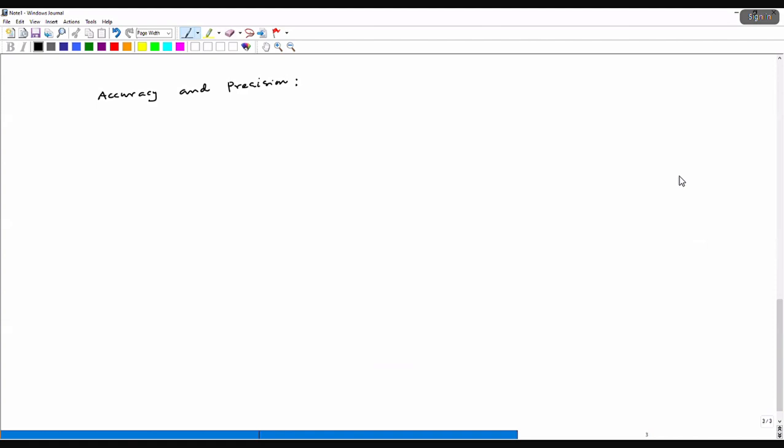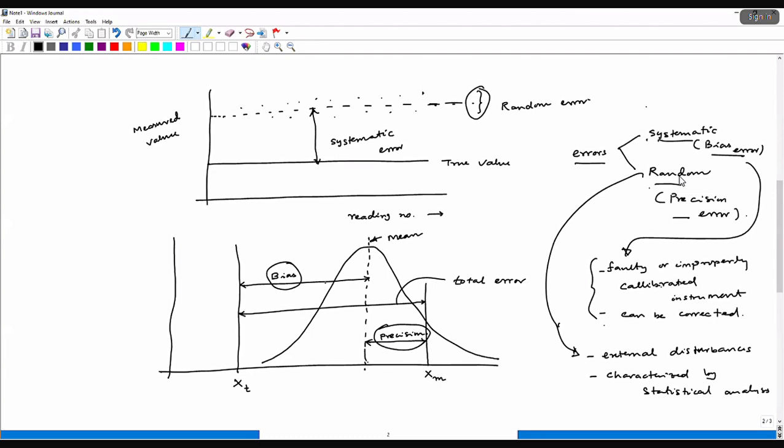Yes, so we are basically learning the concept. But in reality, you would only know the systematic error, because let's say you have used another tool to measure temperature.